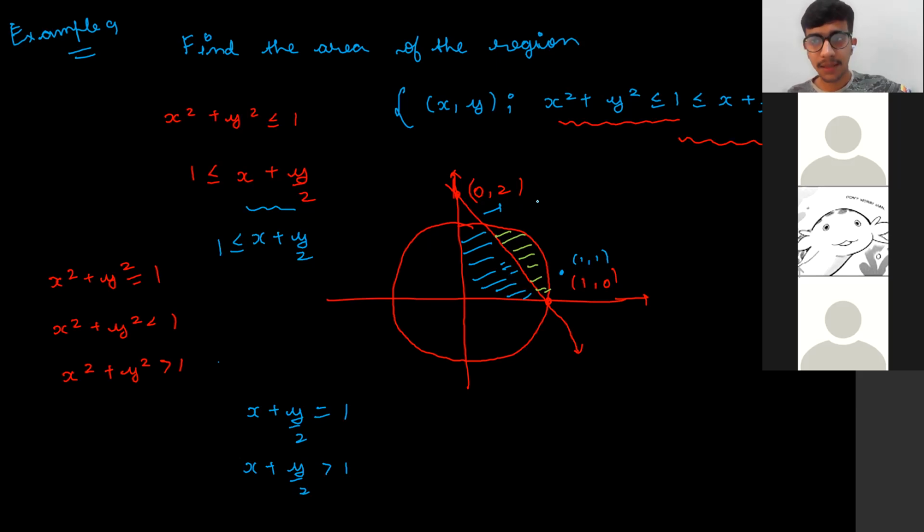So that means for our line, we have to include this area. If we put 0, 0 in this equation, that is the other side of the line, the equation is not satisfied, right? 1 is less than equal to 0. So the equation is not satisfied. So we do not take this side of the line, we take the second side, the opposite side of it. So we have to calculate this green area as our final answer.